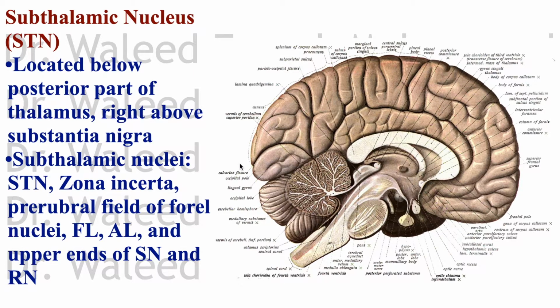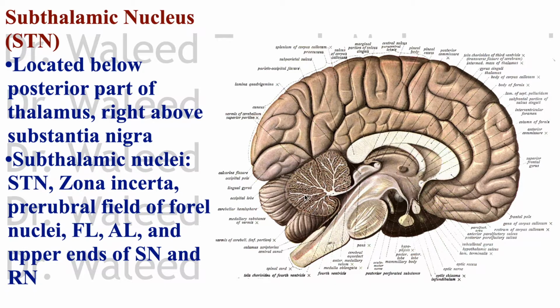The subthalamic nucleus is in the posterior part of the diencephalon. It's below the posterior part of the thalamus, right above the substantia nigra of the midbrain.